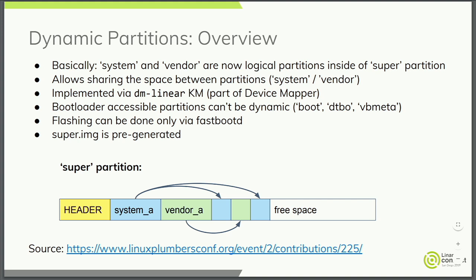And right now you can't flash system and vendor partitions into the physical super partition because the bootloader doesn't know how to do that, and you need to boot in recovery mode and enter fastbootd mode, and then you can flash logical partitions. But if you want to flash the whole super partition, the super image is pre-generated, which contains both vendor and system.